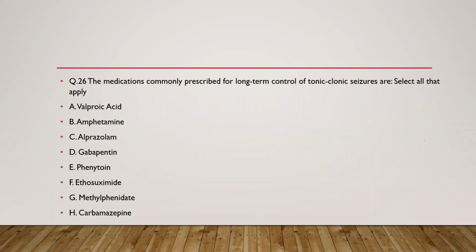These are some names of medications. The condition given means we have to select all the medications. It is also a SATA based question, and we have to select the medications used for long-term control of tonic-clonic seizures. So let's solve this MCQ.